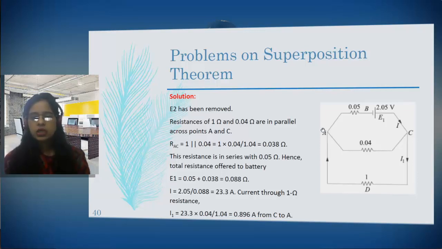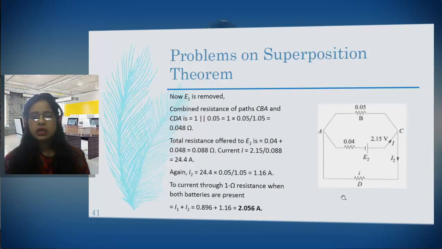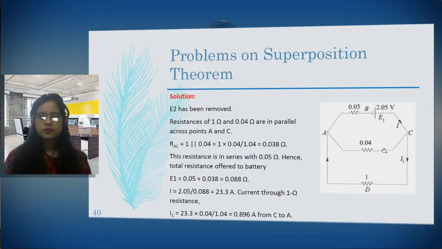Now this resistance and this resistance are connected in parallel. Notice that the current direction is chosen like this. We are assuming that E1 is giving the current.